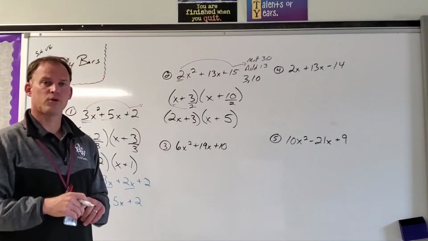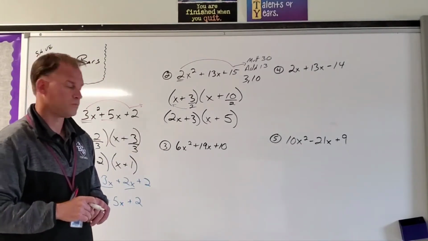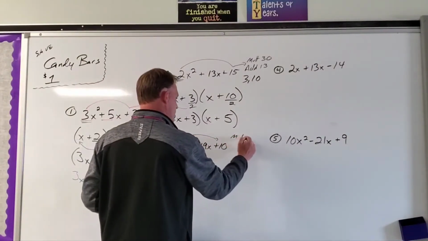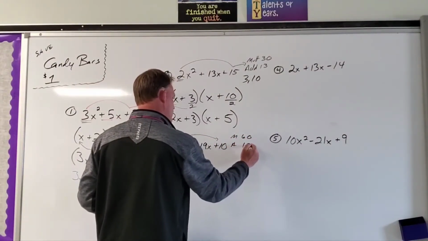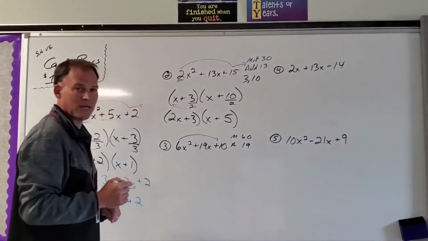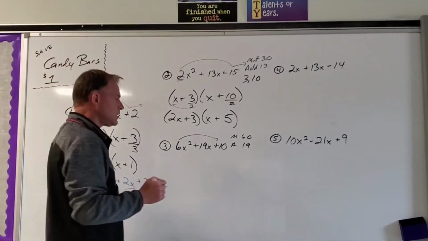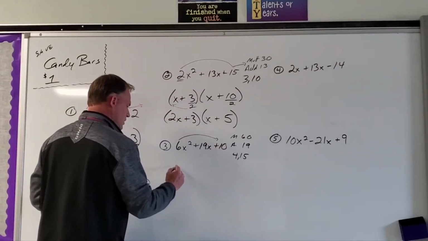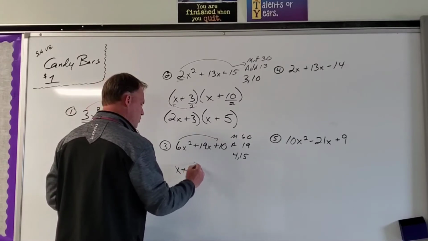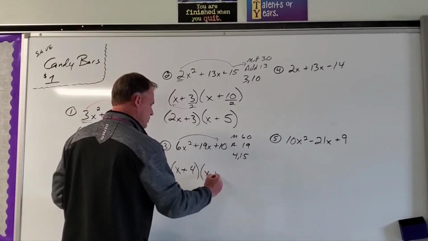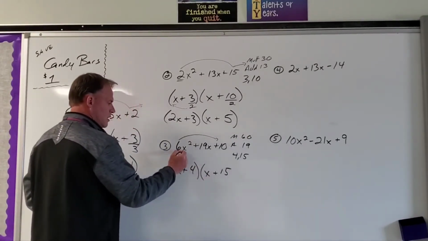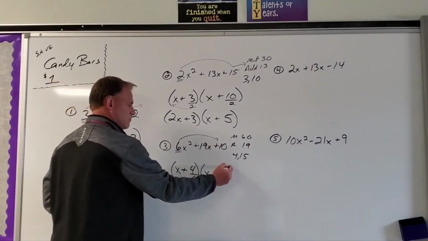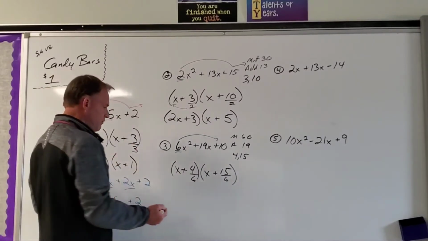See if you can do number 3 on your own. So here's how it starts. My multiply number is 60. My add number is 19. What multiplies to 60 and adds to 19 should be 4 and 15. So then I write x plus 4, x plus 15. Take the front number, put them over 6. Can it simplify?